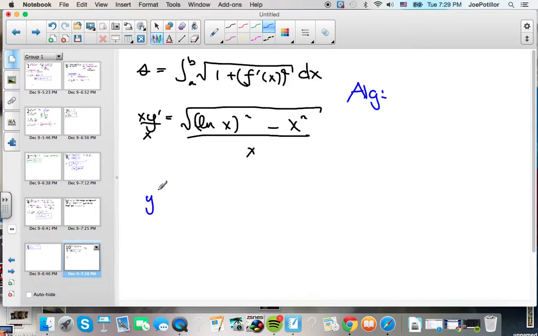We end up with y prime equal to the square root of this expression. Next we have to square it. Before I even attempt to put this all under the square root, I'm going to do the algebra beforehand. So the next thing we need to do is square this expression.